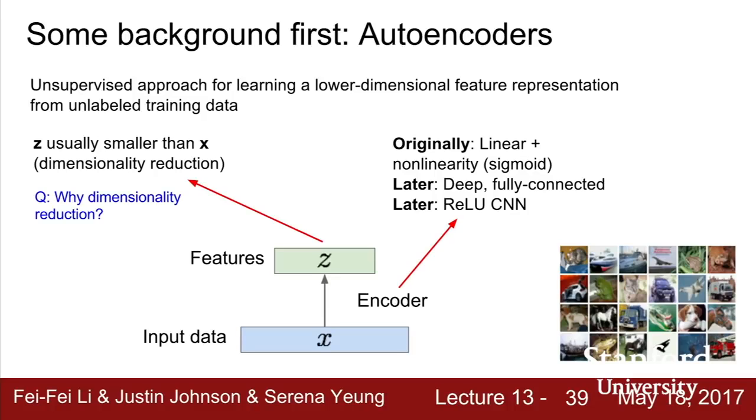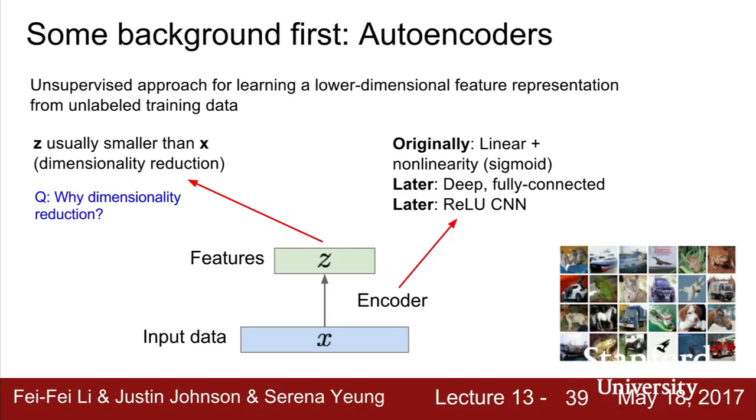So we take our input data x, and then we map this to some feature z. And z, we usually specify to be smaller than x. And we perform basically dimensionality reduction because of that. So the question: who has an idea of why we want to do dimensionality reduction here?